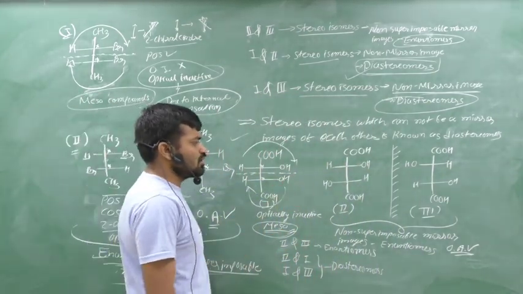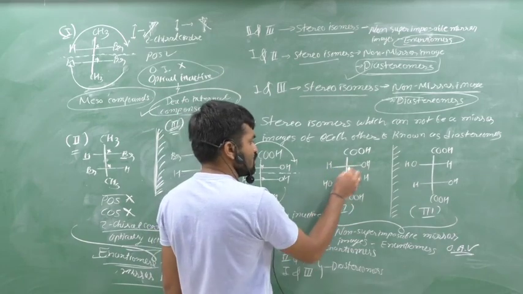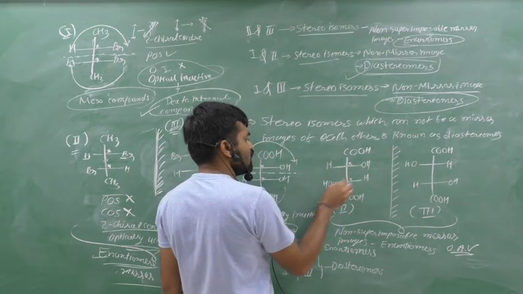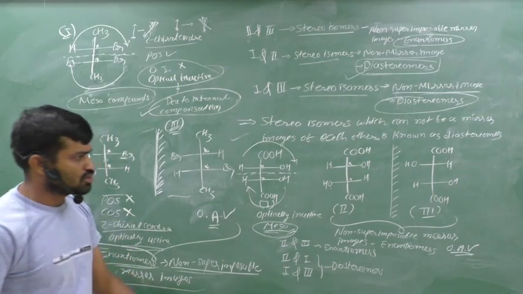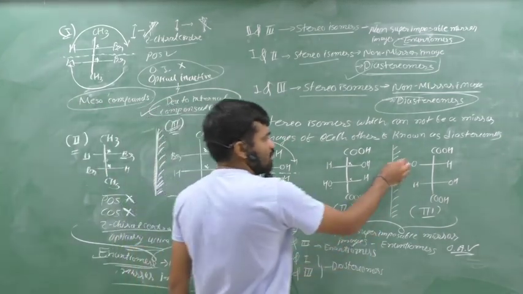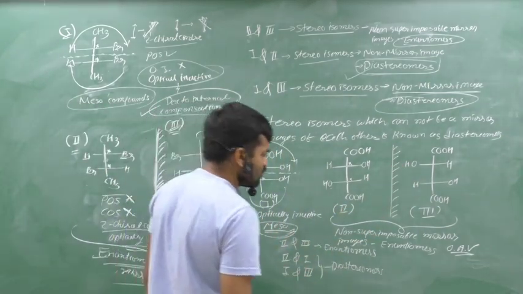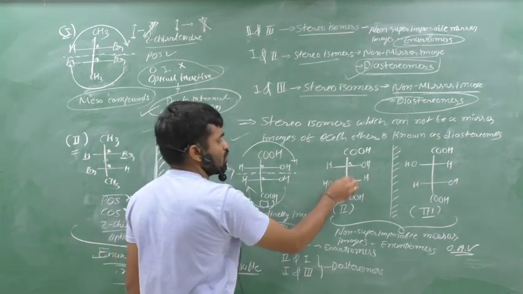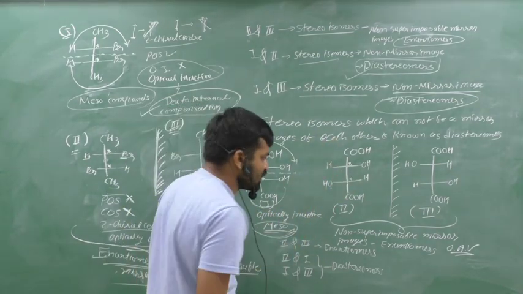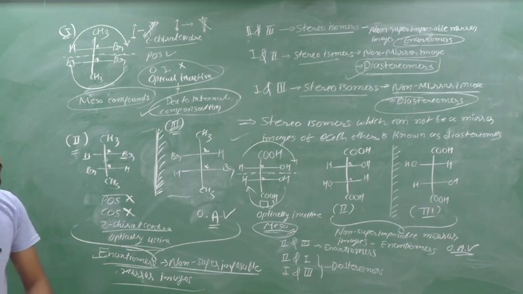Now we can change the spatial arrangement. COOH, C, C, HOH, OHH. We changed one, and a stereoisomer was formed. Clear? If you think about it, it has two chiral centers, no plane of symmetry, no center of symmetry. Therefore, the molecule is optically active.